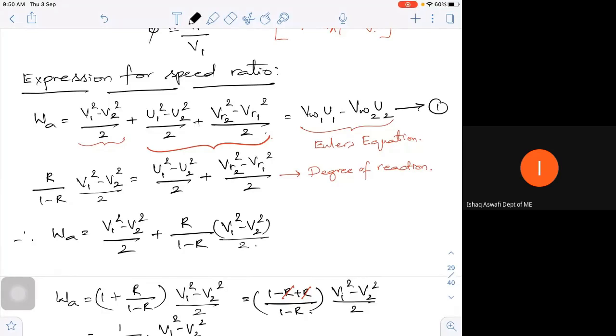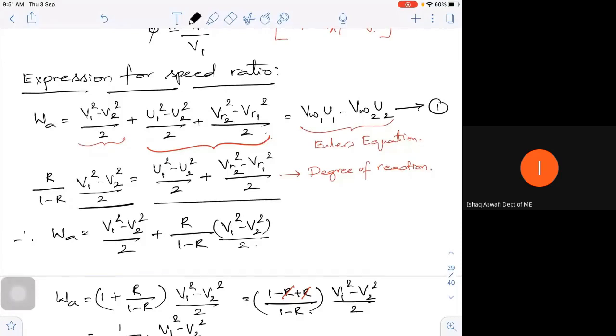Now, already you know the degree of reaction. What is degree of reaction? It is the ratio of your static energy, or static enthalpy drop, to the isentropic enthalpy drop or total enthalpy drop. If I simplify, this is your static component, and this is your kinetic energy.